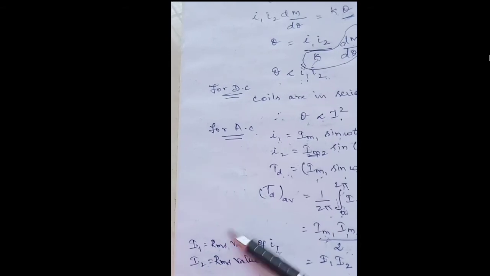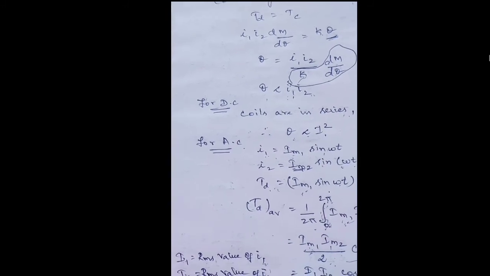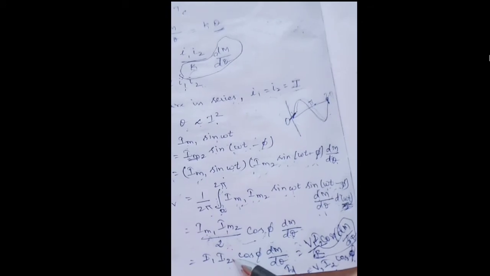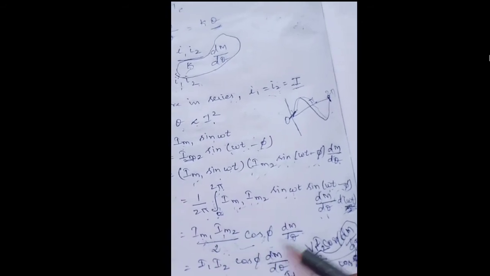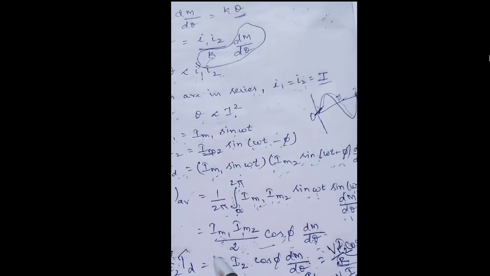Instead of Im1 and Im2, I am going to replace them by constant values I1 and I2, which are nothing but the RMS values of currents I1 and I2. So the above equation is replaced here as I1 I2 cos phi dm by d theta. So this is the torque equation, the TD equation, when it is used for measuring AC values of currents.